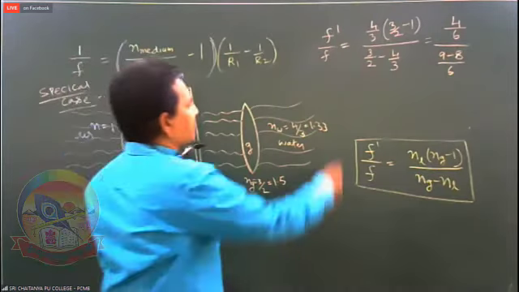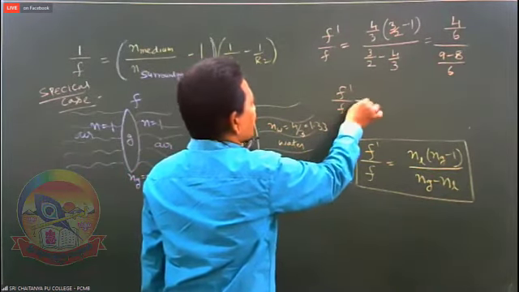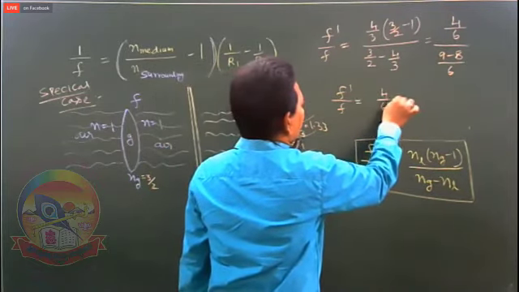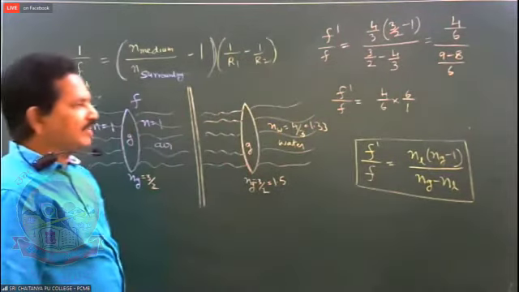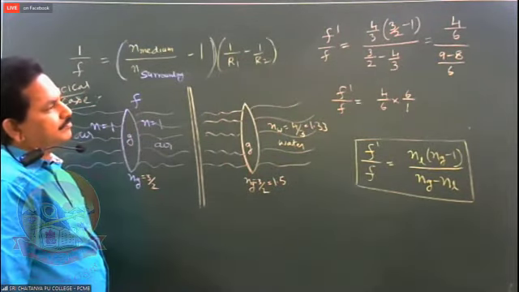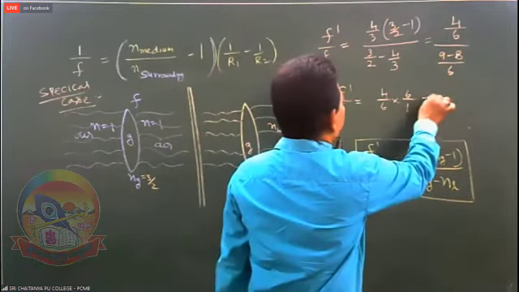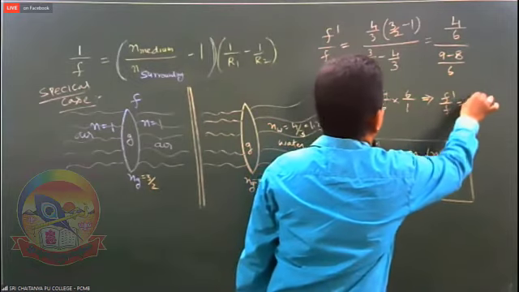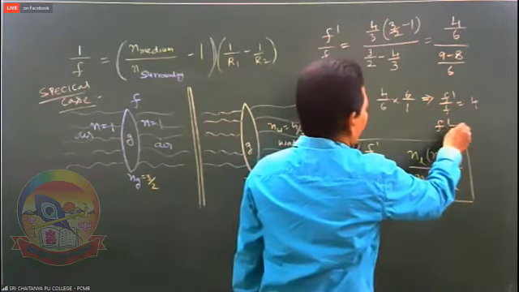So f dash by f is equal to 4 by 6 into 6 by 1, which is 9 minus 8, 1. The 6s cancel. So f dash by f is equal to 4, so f dash is equal to 4f.